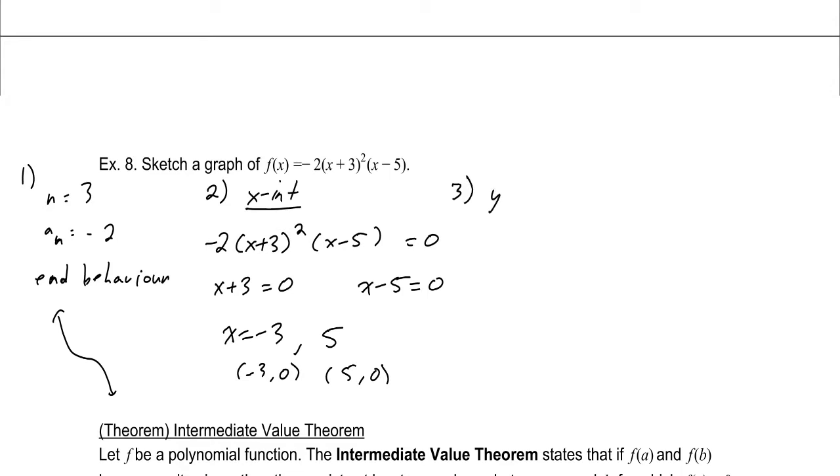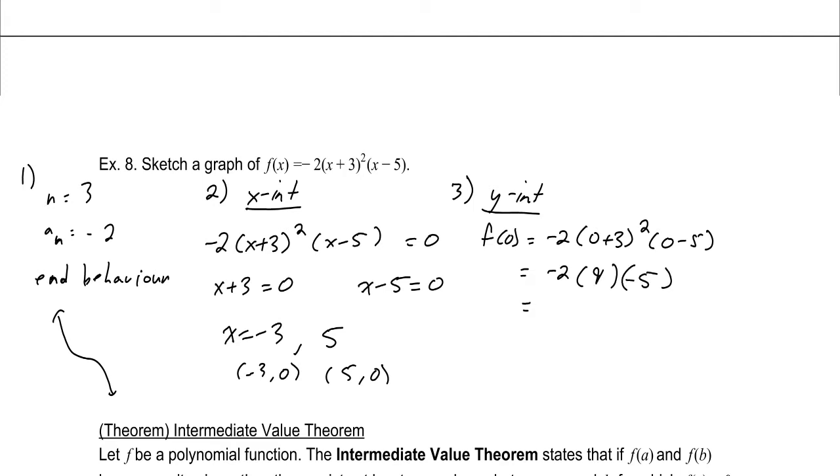Now for our y-intercept, evaluating at 0. So f of 0 is -2 times (0 plus 3) squared times (0 minus 5). So that'll be -2 times 9 times -5.